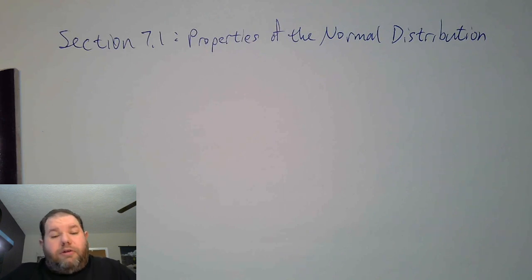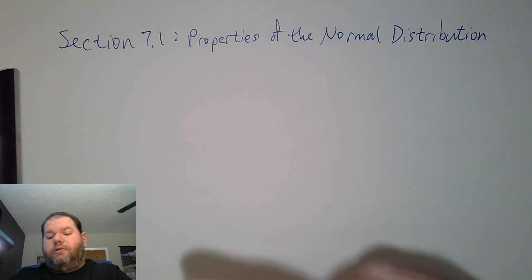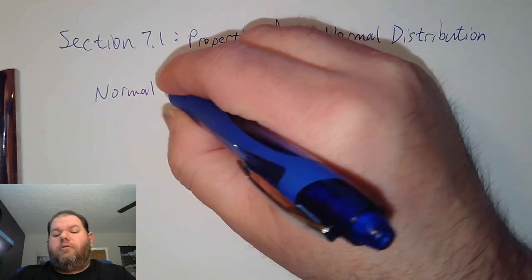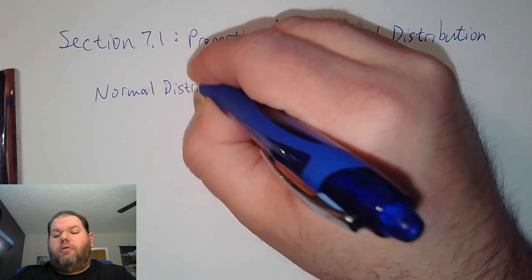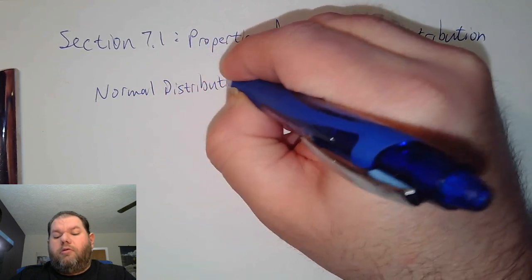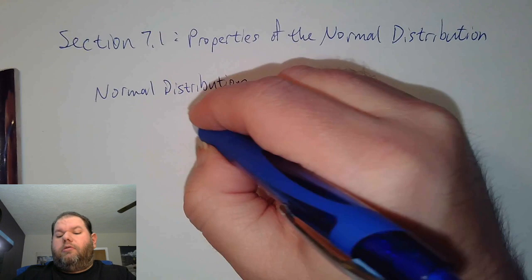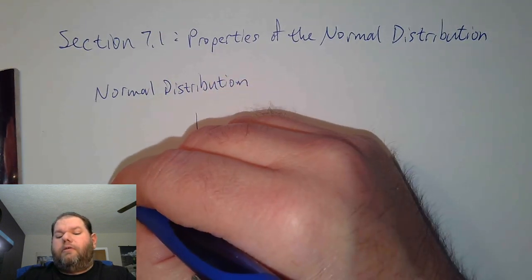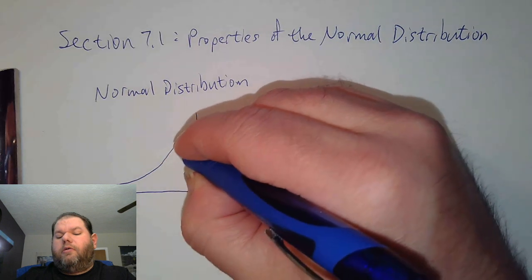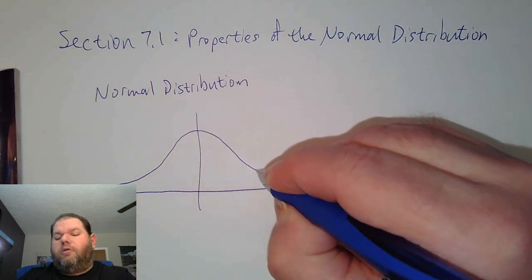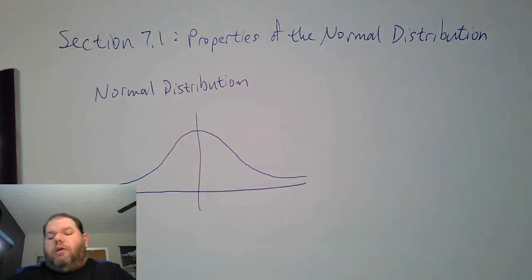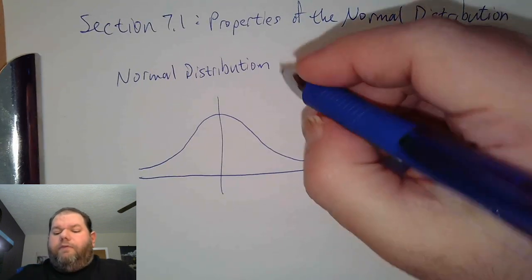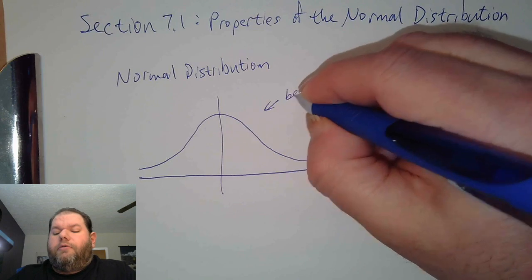Now, when we look at a normal distribution, we think of it like this. Okay, and this is what we call a bell curve. We've talked about this before.